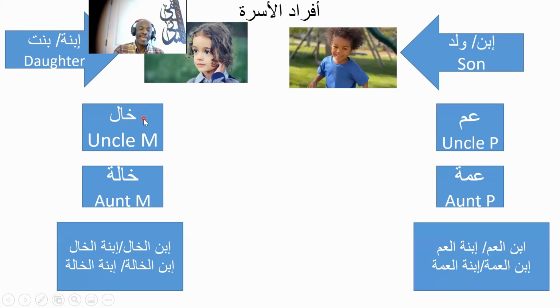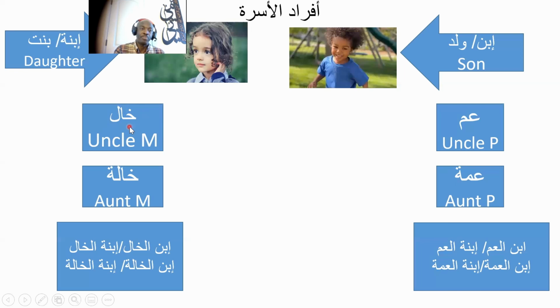If you say my uncle, maternal, we say Khali. Khal: Kha, Alif, Lam. We see here Alif is a long vowel. Khal is uncle, maternal, your mother's brother.